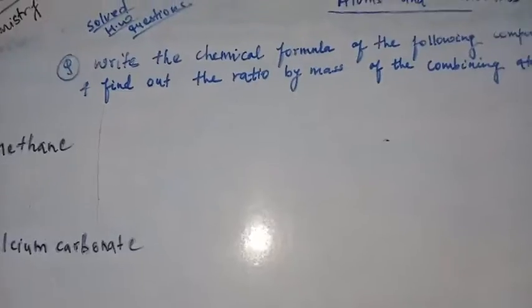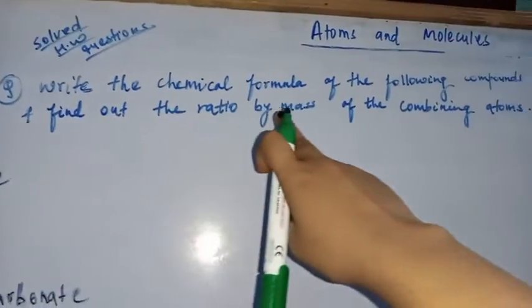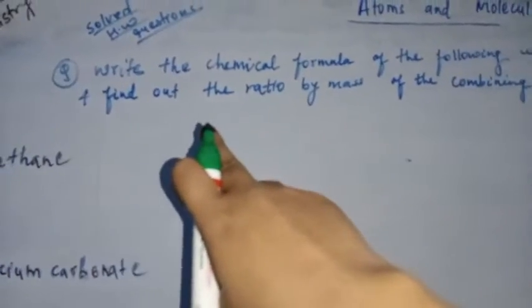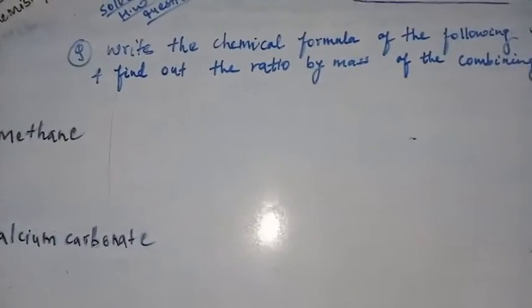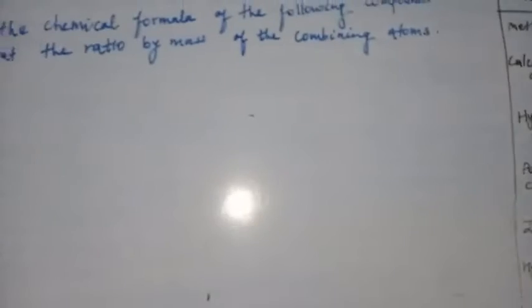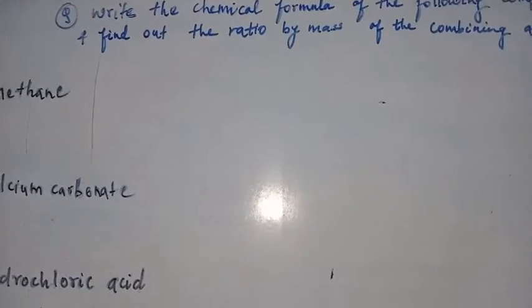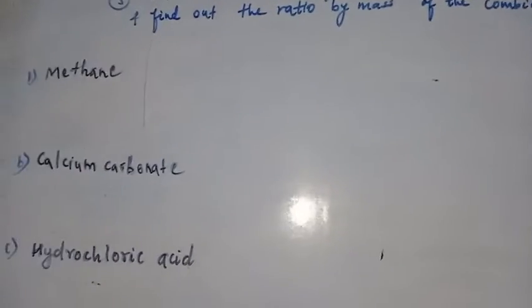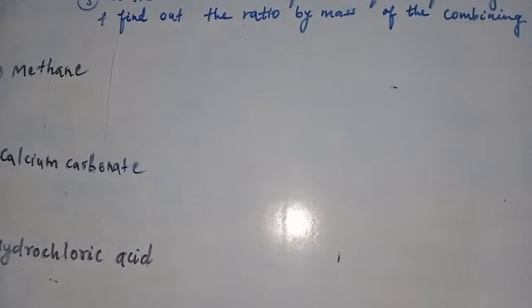Now we will see solved homework questions. First is: write the chemical formula of the following compounds and find out the ratio by mass of combining atoms. For that I gave you one table also, but before just writing directly the ratio by mass, it is better you show how you have done it so that I can see.